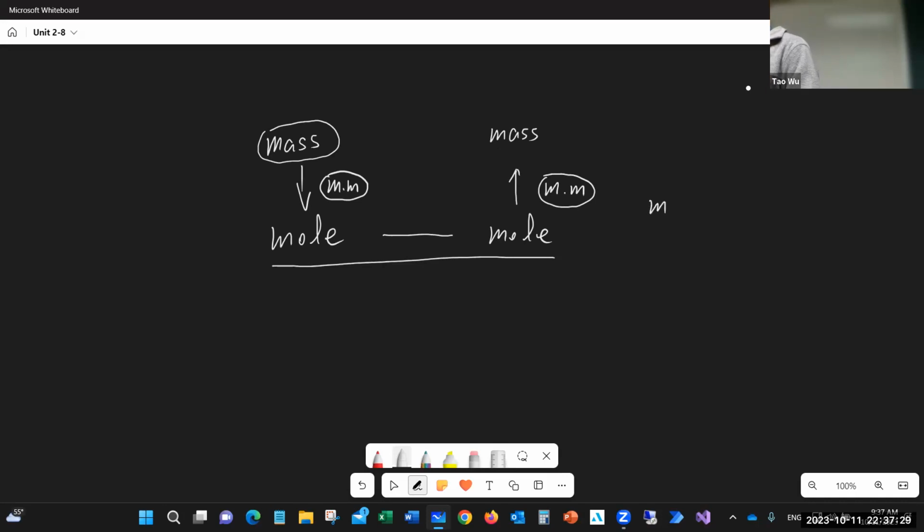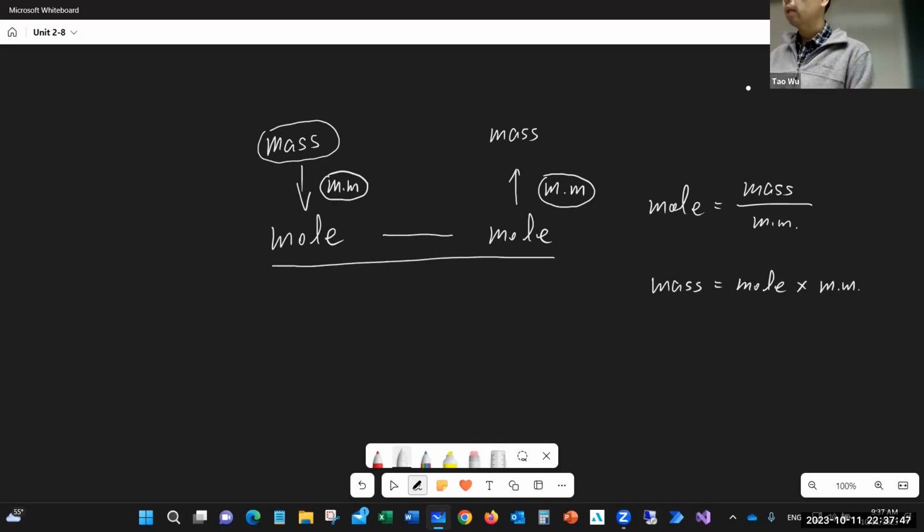Because we know mole is equal to mass over the molar mass of that chemical, and the mass is equal to mole multiplied by the molar mass of that chemical, right? So this is one of the ways for the stoichiometry.